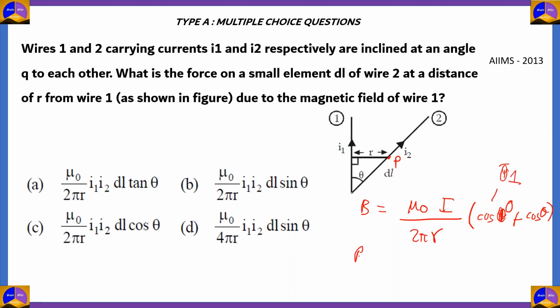So B will be equal to mu naught... When it comes to the current I1, it acts at 90 degrees, so cos 90 is equal to 0. So this quantity gets cancelled. So our magnetic field is mu naught I divided by 2 pi r into cos theta. This is the magnetic field.